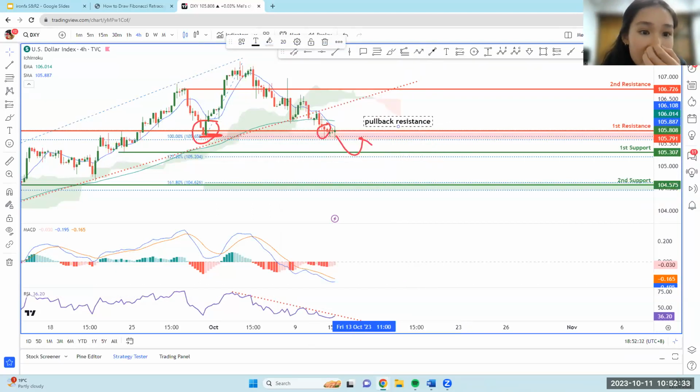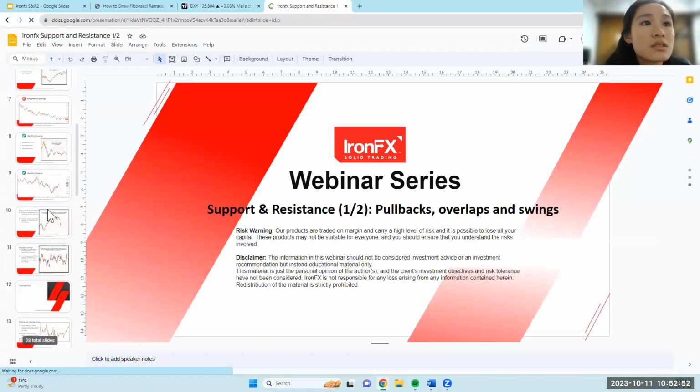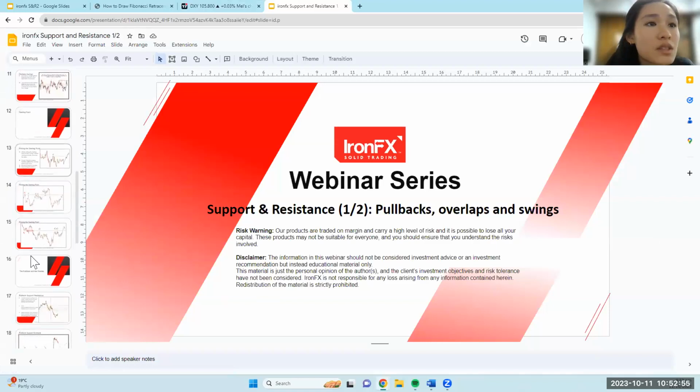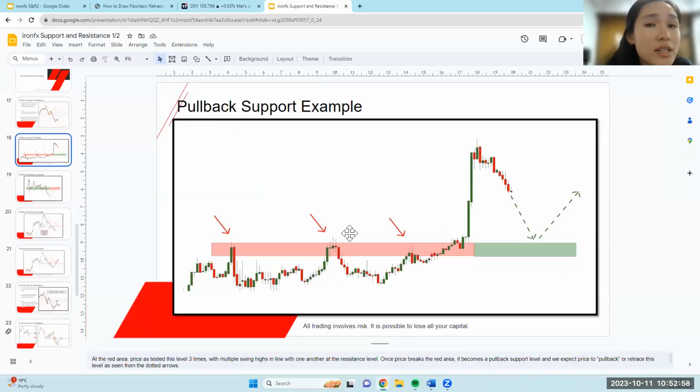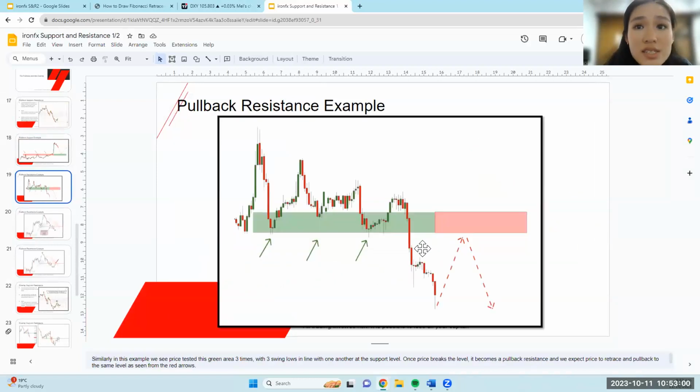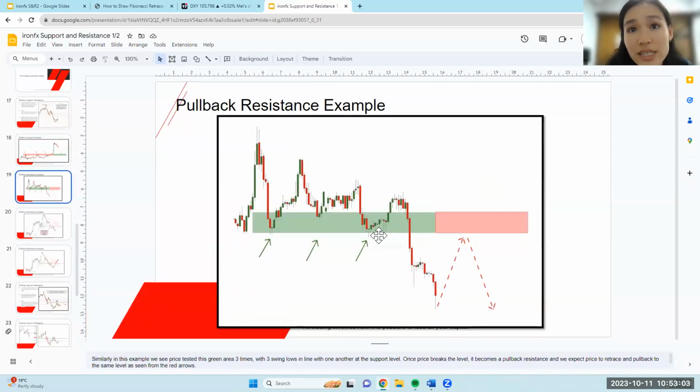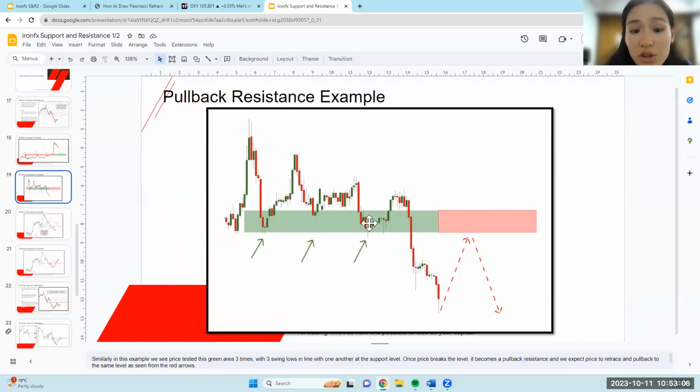Maybe I'll pull out last week's slides to show you what I mean, because we still have a bit of time. We covered this last week. So a pullback is like this. Resistance, similar to what we saw earlier. Here is my support. Once price breaks under it, it becomes a resistance, a pullback resistance.